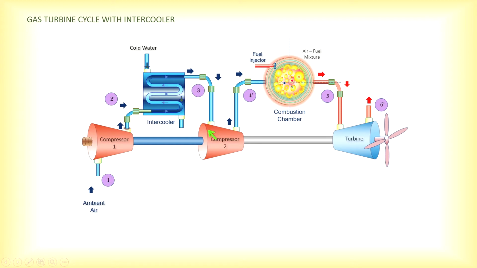Then it goes into the second compressor where it undergoes a second isentropic compression, compressing it to higher pressure. That is the reason why we have a multi-stage compressor. What we want is to raise the pressure but not to raise the temperature. So that is why we have an intercooler in between compressor stages.